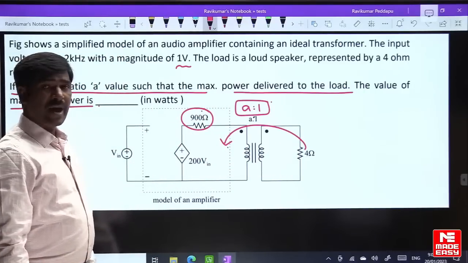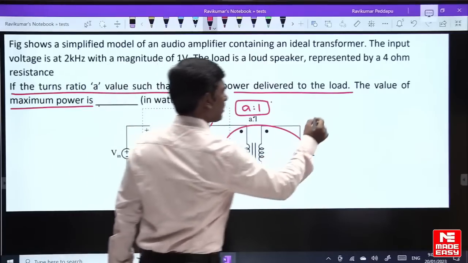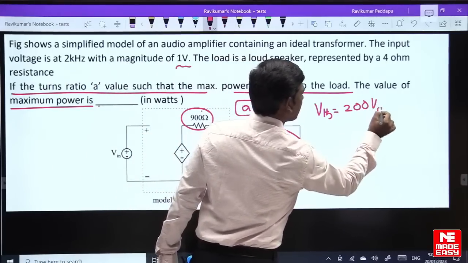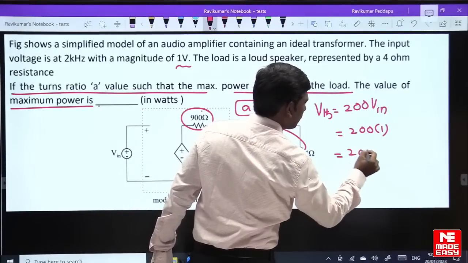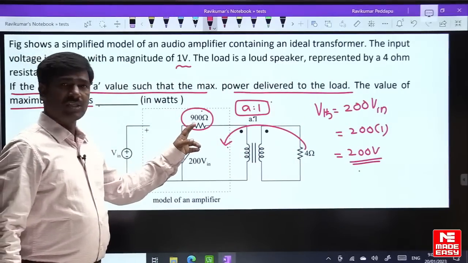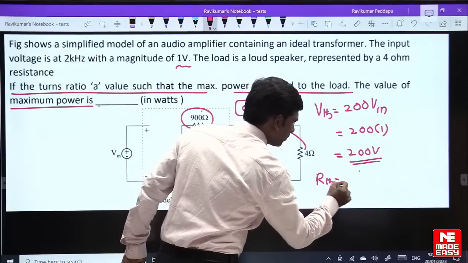So what is the maximum power transfer directly? Without finding VTH, directly you can say VTH is equal to 200 VN. VN is 1 volt. So 200 volts, this is VRMS only. What about RTH? RTH is equal to 900 ohms only.